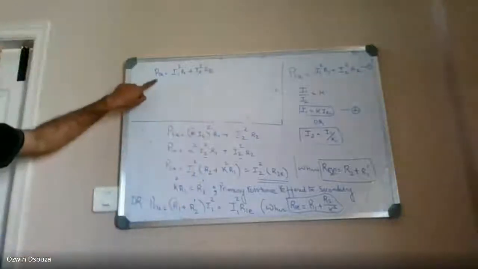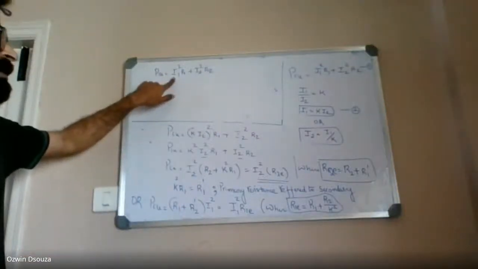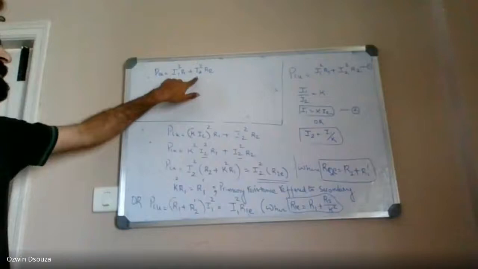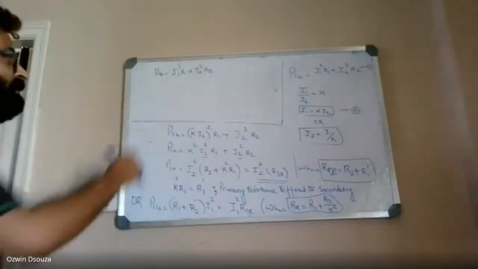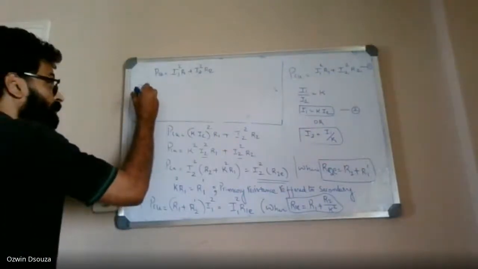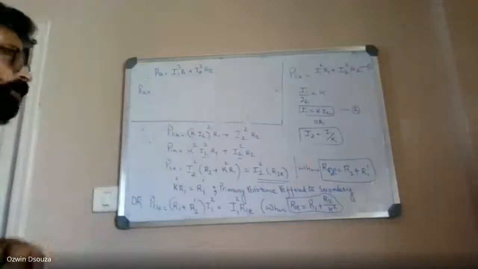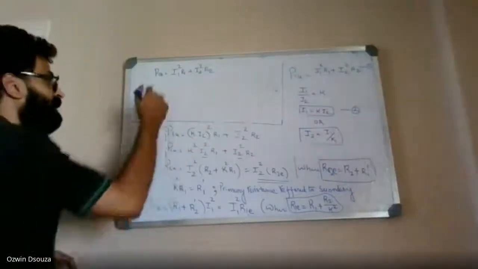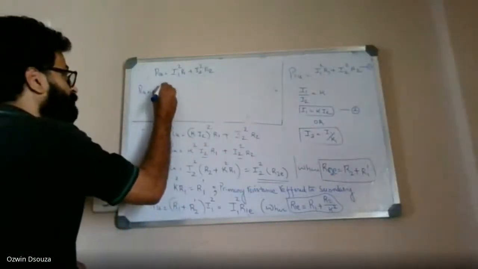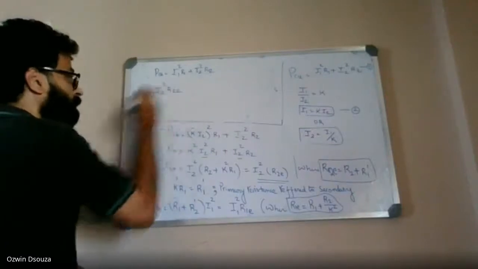Okay. So transformer copper loss is primary copper loss I1 square into R1 plus secondary copper loss I2 square into R2. You can also write the copper loss referred to secondary winding, something like I2 square into R2E.